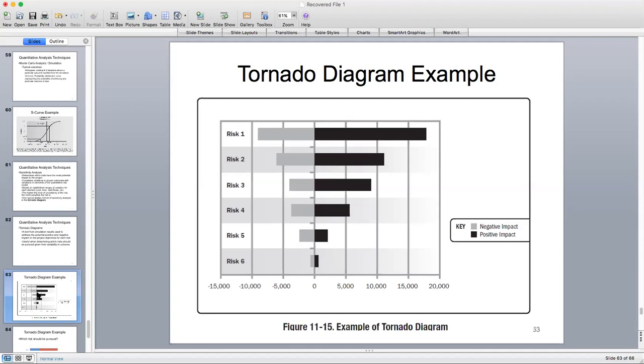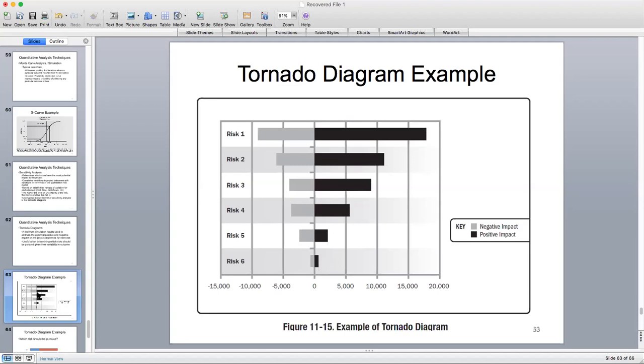So risk number 1, we can see that when the risk is at its lowest value, which is nearing 10, on the left side of the line, the overall cost of the project is impacted by almost $10,000 less than the average.